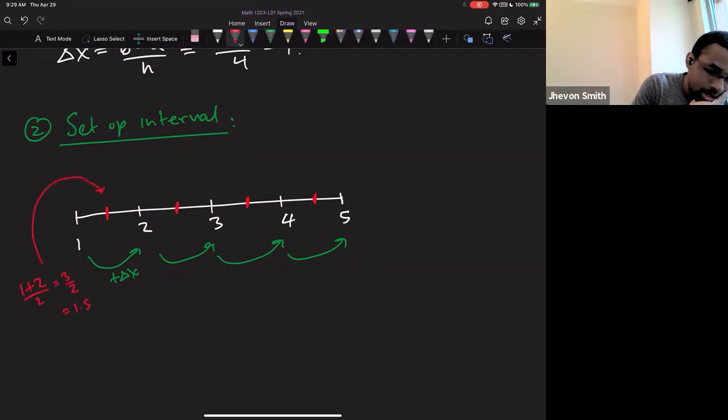And that is the number that we have here, 1.5. Right? Now, once you have that 1.5, you can do the same thing. You don't have to find a bunch of averages. You can start adding the delta x to that to get the next one. Plus delta x. Plus delta x.